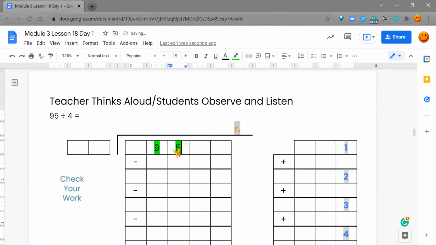95. And we're going to divide by 4. I'm going to take this 4 and do repeated addition, especially if I struggle with my multiplication facts. This is showing me the numbers I need for my multiples of 4.